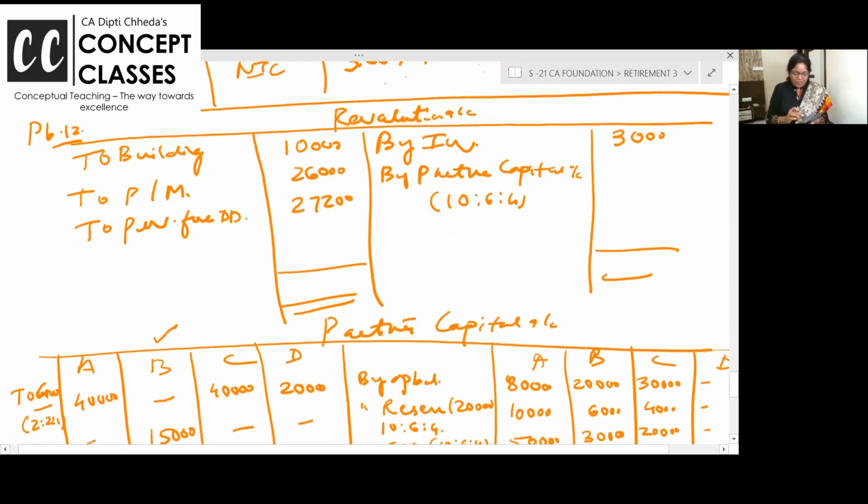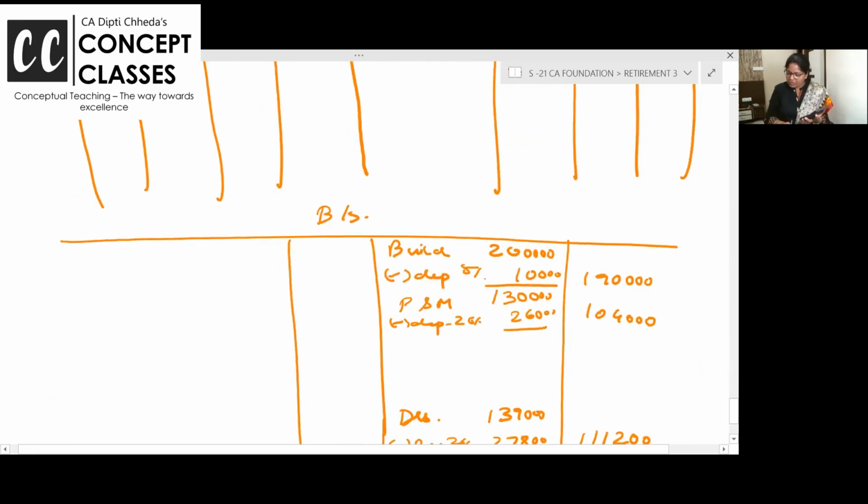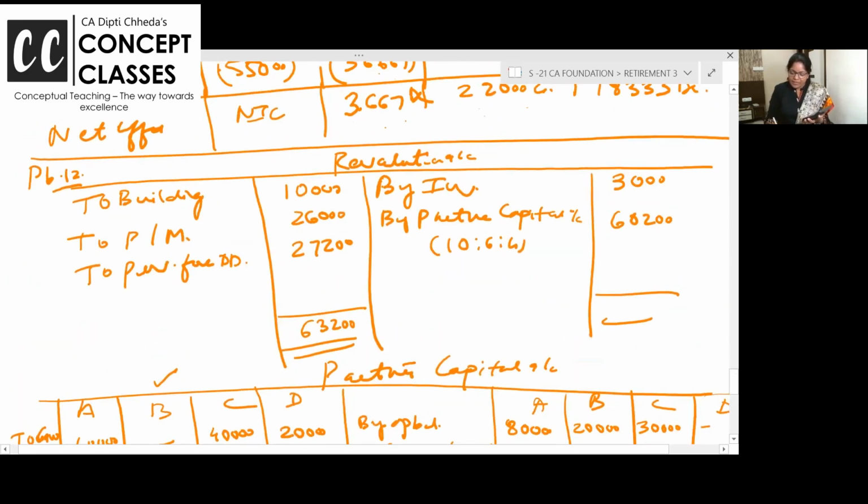10:6:4. कितना आ रहा है revaluation loss? Yes, sometimes you can do faster than me and post it here. Revaluation loss. Provision figure I have written wrong. 27,800 है ना?